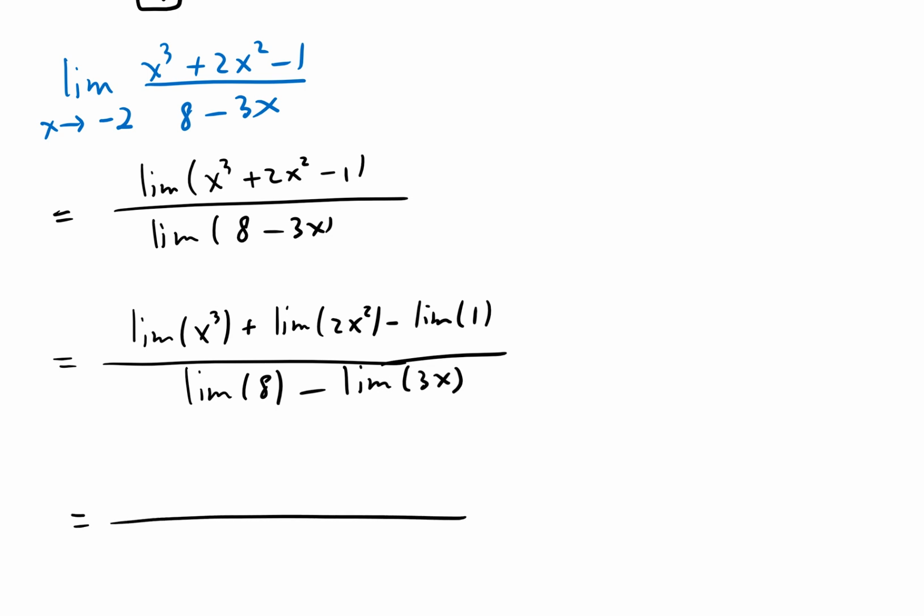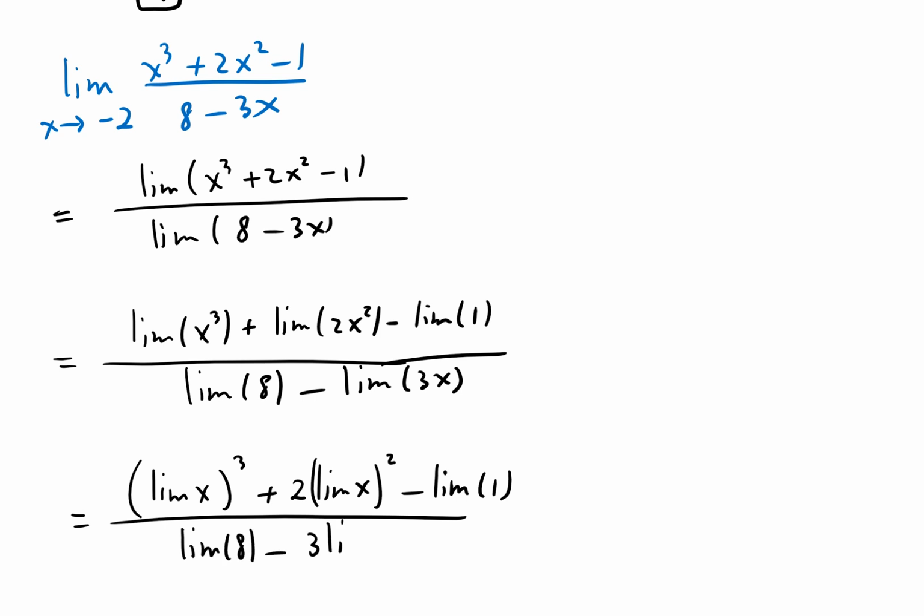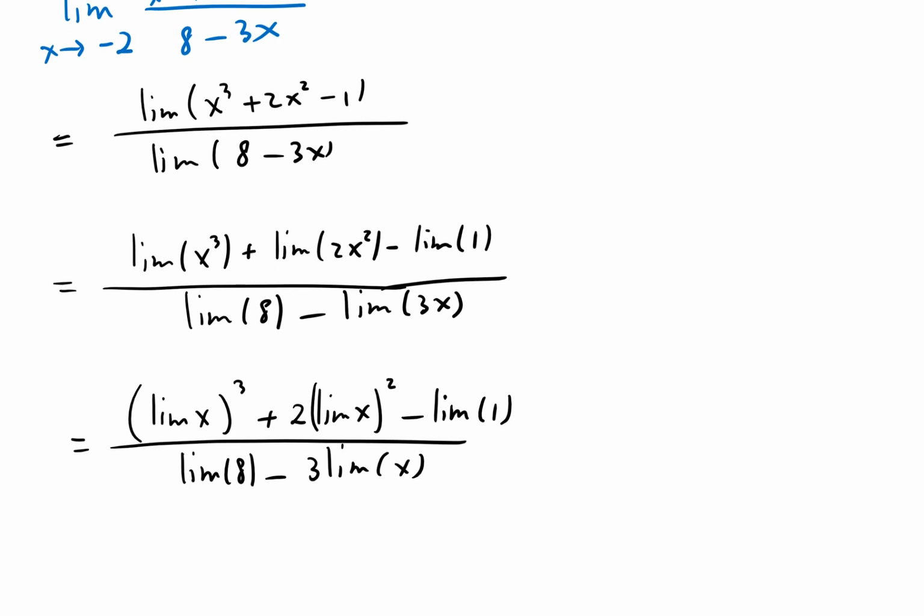Next, I see exponents here, so you do limit of x to the third power plus, take the 2 out, limit of x to the second power minus limit of a constant. Limit of a constant. I see 3, take it outside, limit of x. All this as x approaches negative 2.